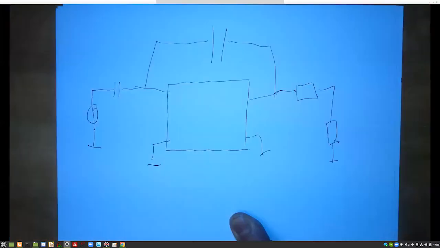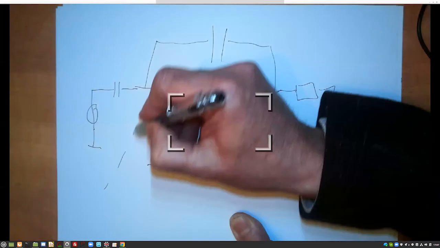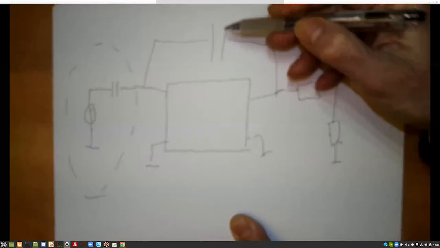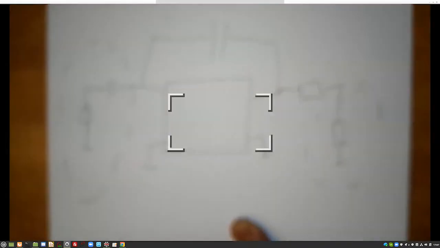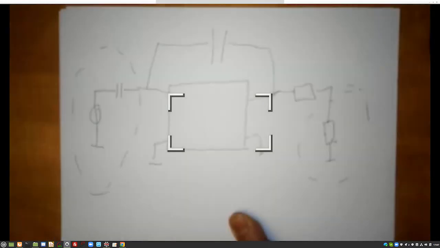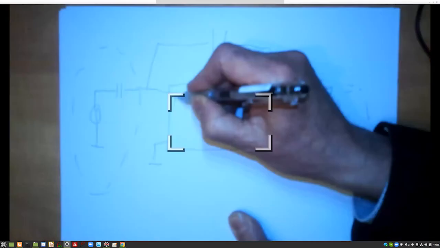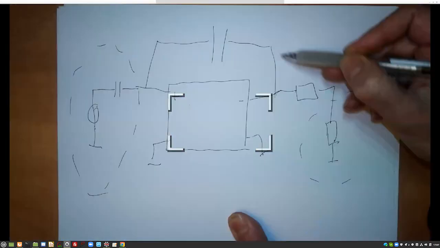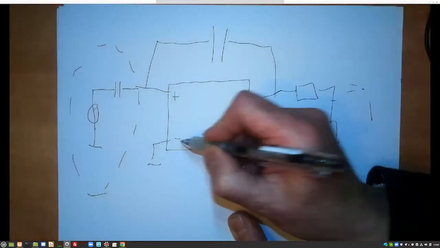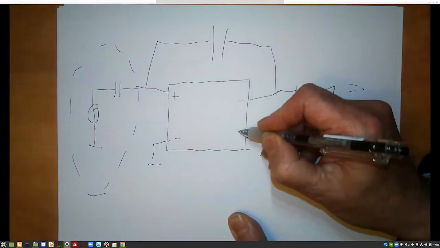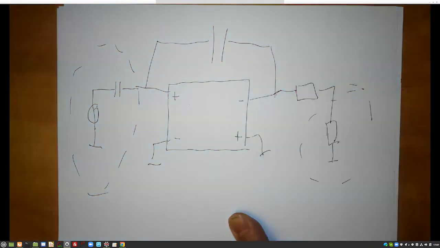So this is the antenna, this is the amplifier, and this is the load. We want to have negative feedback, which means that if we put plus here, it should be minus here because there should be one inversion in the loop. So plus, minus. And now we are thinking about a controller.